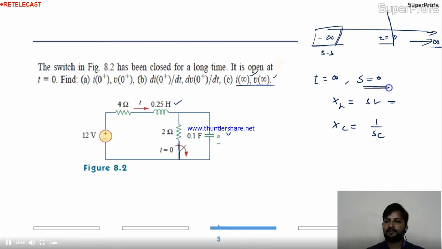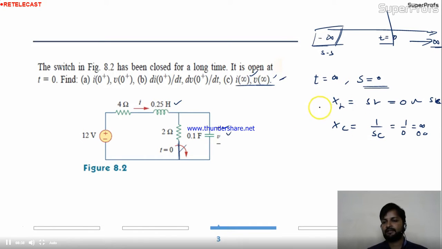So if S is 0, XL is 0. 0 means you have to replace it by short circuit. Come to this, 1 by 0 means infinity. You have to replace this by open circuit, right? For the steady state.